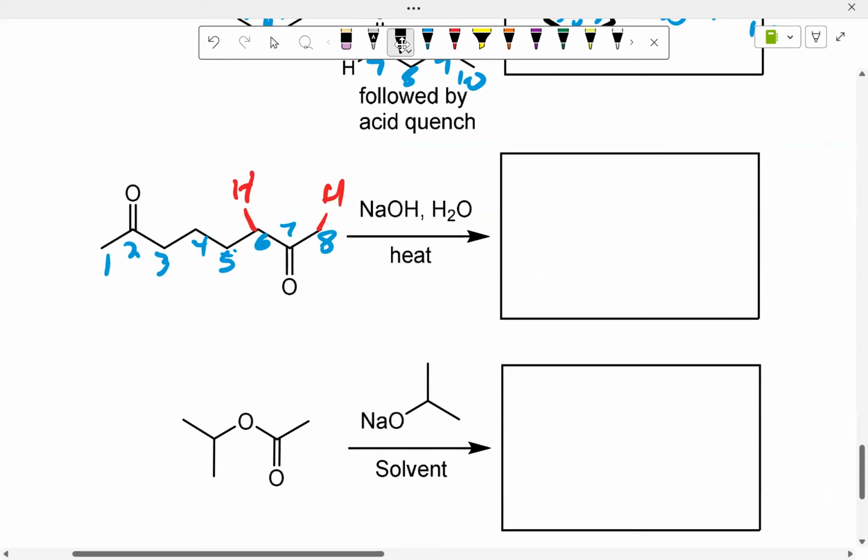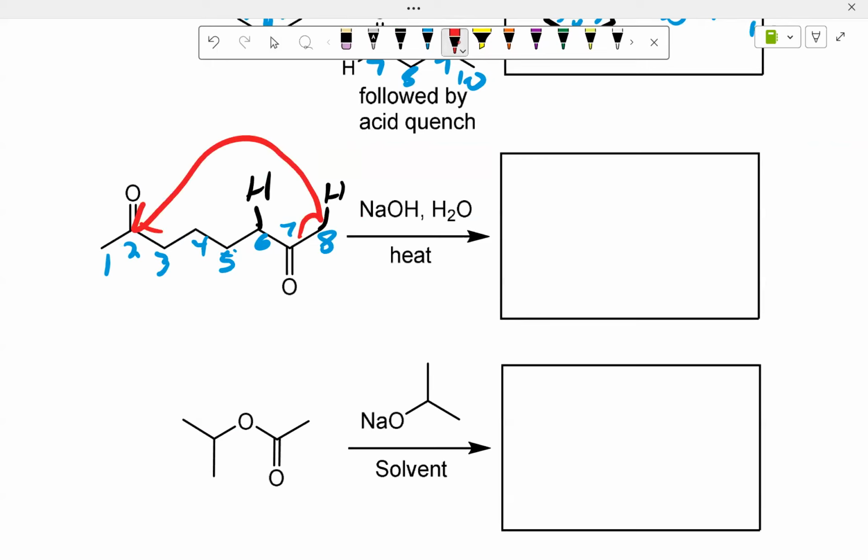So if you deprotonate from carbon 8, it's going to form an enolate, and then carbon 8 is going to attack. I use red for electron movement. So you're going to form an enolate on carbon 8, and then 8 is going to attack 2. Let's draw what would happen if 8 attacked 2.